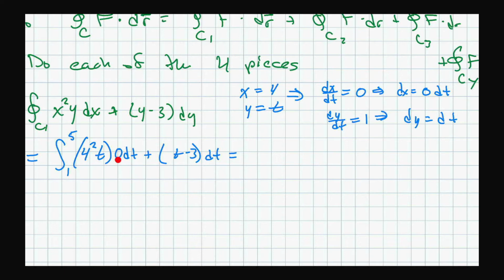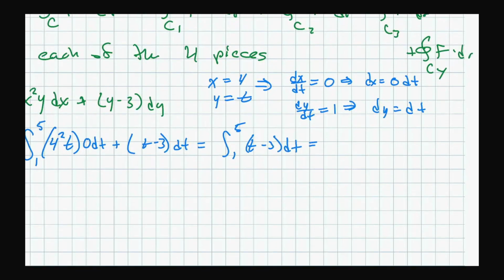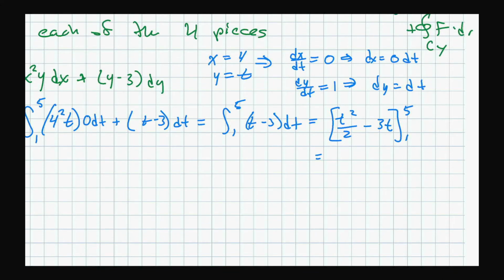Because that's 0, this just drops off. We're just going to have the integral from 1 to 5 of t minus 3 dt, which is t squared over 2 minus 3t from 1 to 5. Then we're just going to get an answer there.